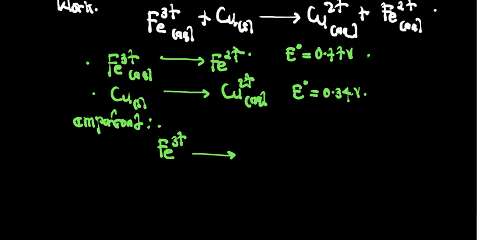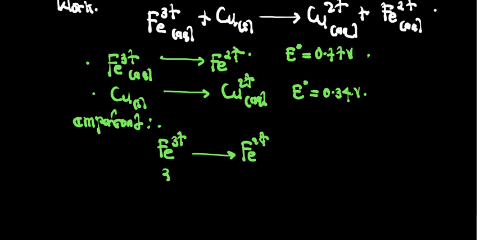You have your copper 3 here, and we're forming a copper 2 here. How many electrons are on the side of the reactants? 3 electrons.